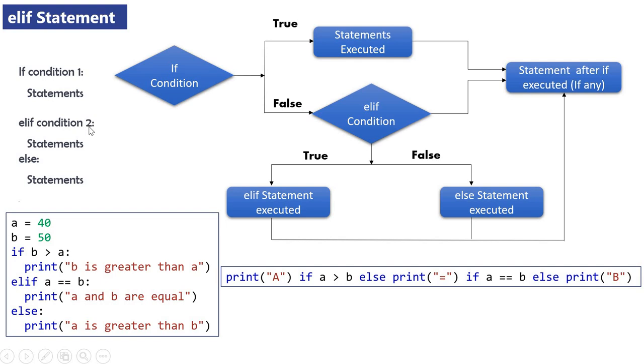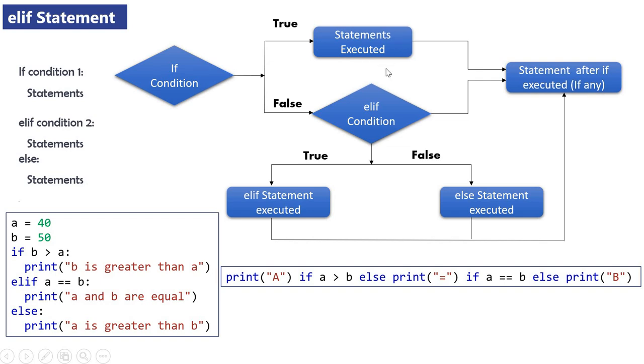Otherwise, condition 2 will be checked, when condition 1 is not true, you can say when condition 1 is false, right? And if both the conditions are false, in that case the else part will be executed by default.